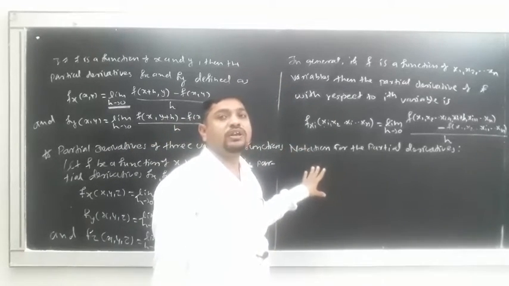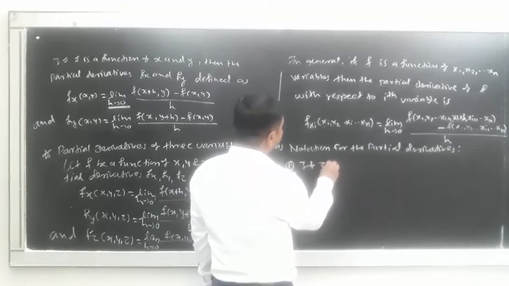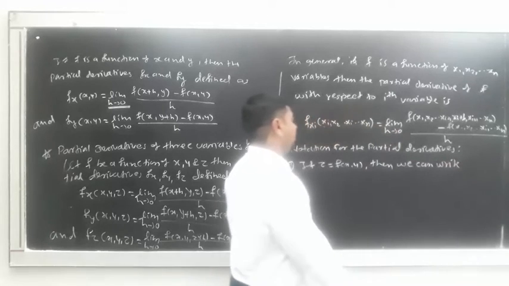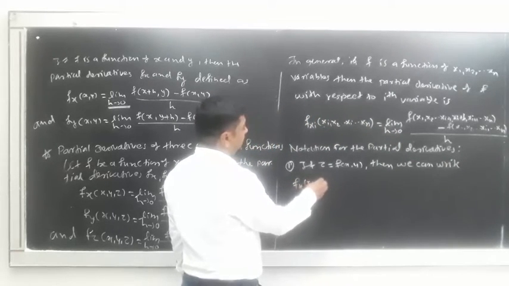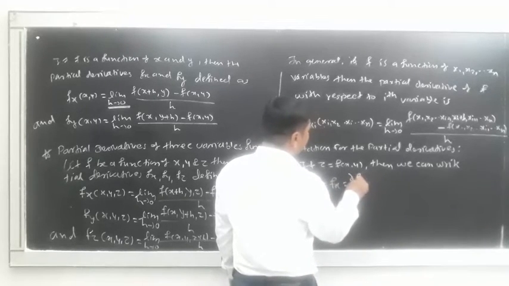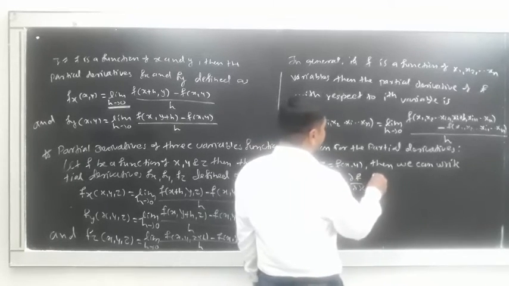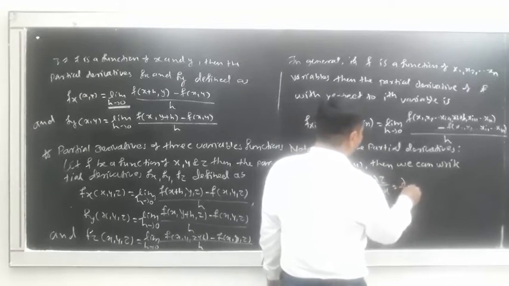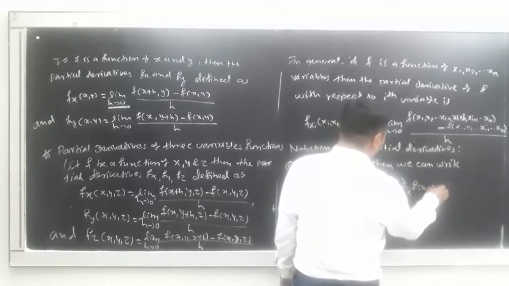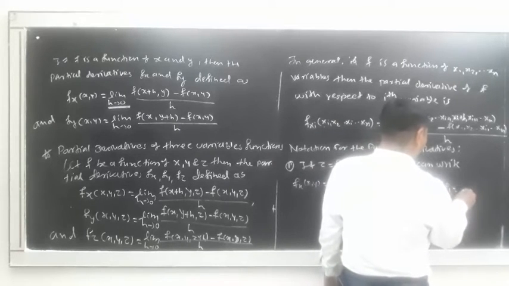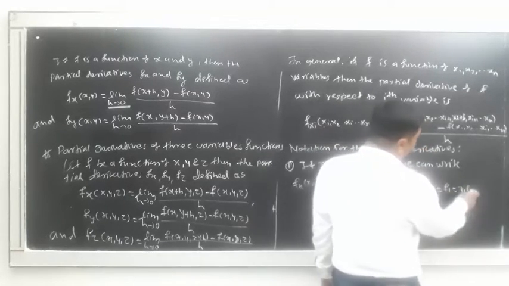It is denoted in different ways. If z is equal to f(x, y), then we can write f_x(x, y), or only f_x, or ∂f/∂x, or ∂z/∂x, or ∂/∂x f(x, y), or f1, or D1 f, and so on.